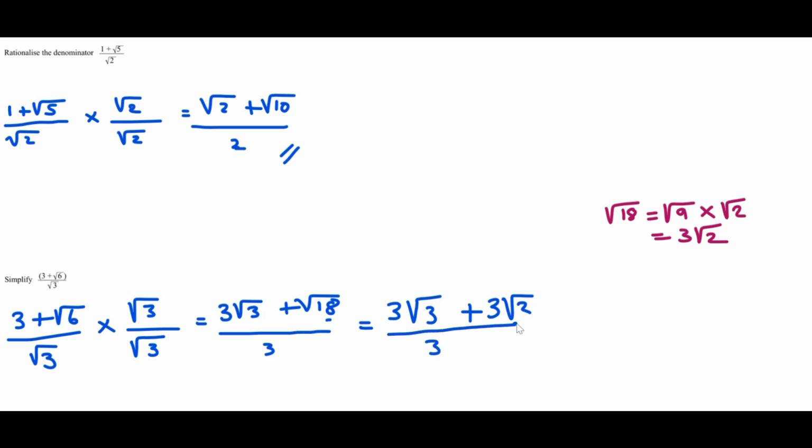Now if we split this fraction, that will give us 3 root 3 over 3 plus 3 root 2 over 3. And we can cancel these out. Then we'll just be left with root 3 plus root 2 as our final answer.